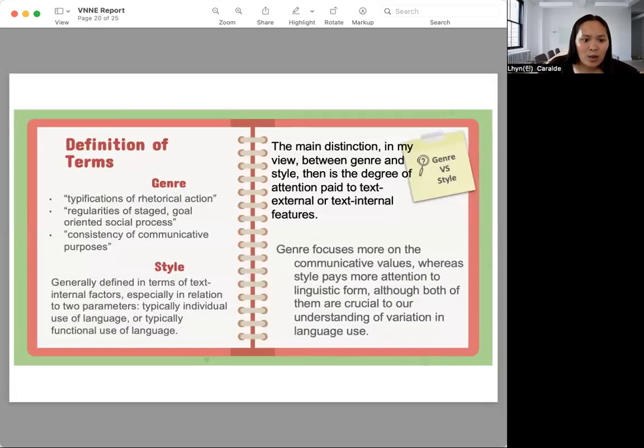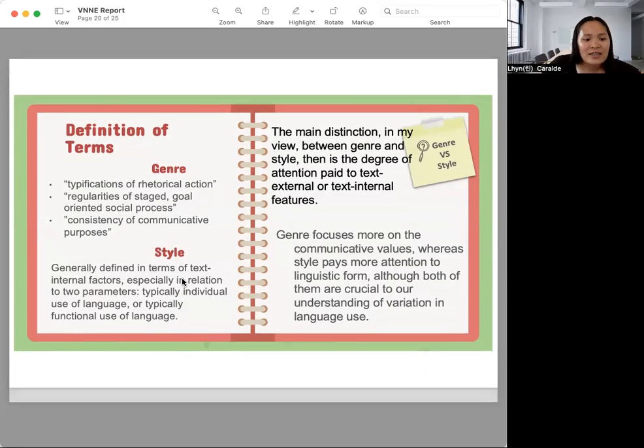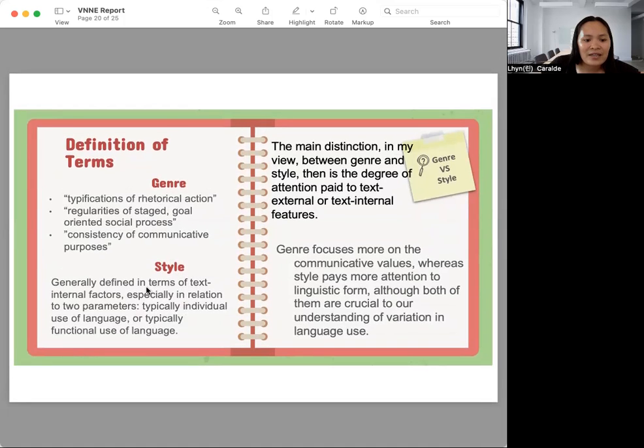Okay, so the genre: typifications of rhetorical action. And this is the regularities of staged, goal-oriented social process and consistency of communicative purposes. And these are many of the genres and into a rhetorical action. Then the style, generally defined in terms of text internal factors.